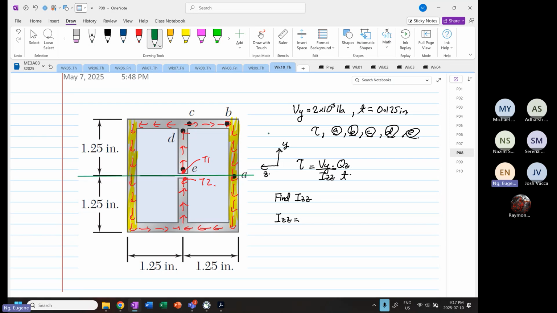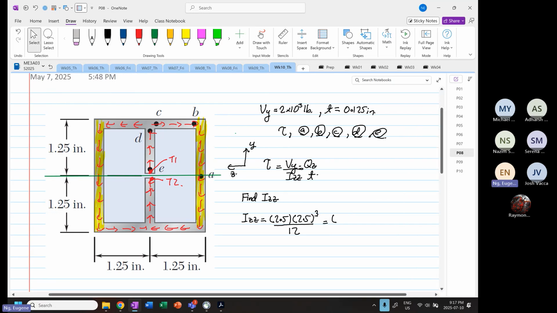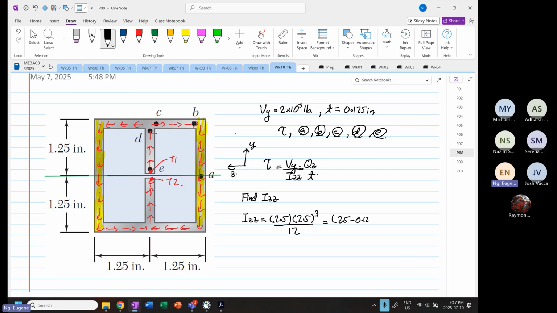The width is equal to 2.5, the depth is also 2.5, cubed, divided by 12. Now we are going to do the two hollow parts. So it's 2.5 minus 0.125 once, 0.125 twice, 0.125 three times.